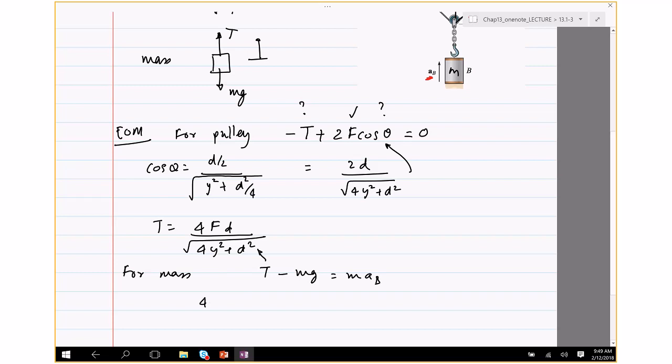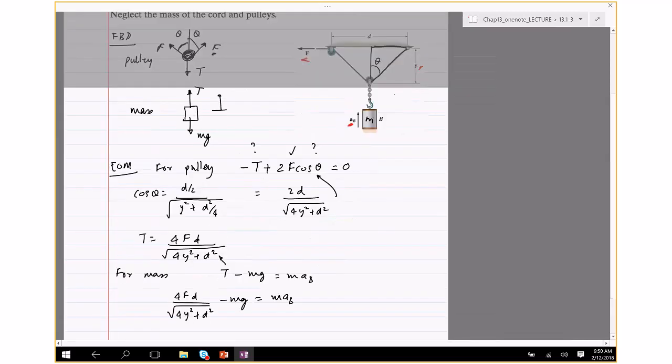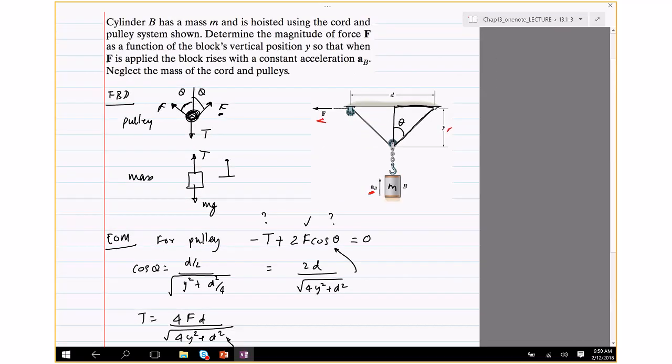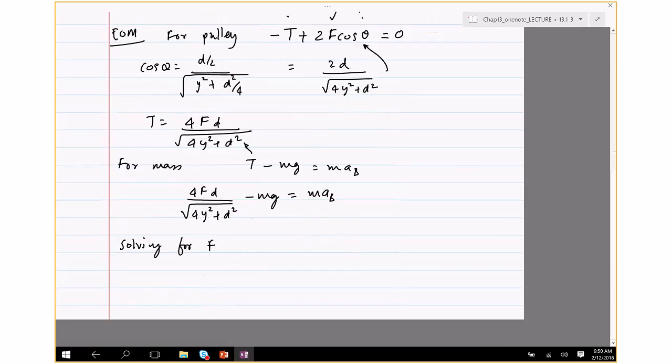So 4Fd over the square root of 4y squared plus d squared, minus mg, equals m a_B. The question asks me to solve for F. Solving for F gives me, I'm almost done, I just have to write the expression for F: mass times g plus a.